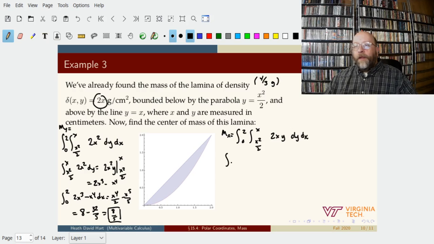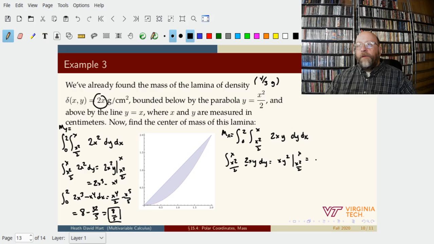The inside integral becomes x times y squared. The 2 and the y integrate to become y squared, going from x squared over 2 up to x. So then this is going to be x times x squared, which is x cubed. x times x to the 4th over 4 is going to be x to the 5th over 4.